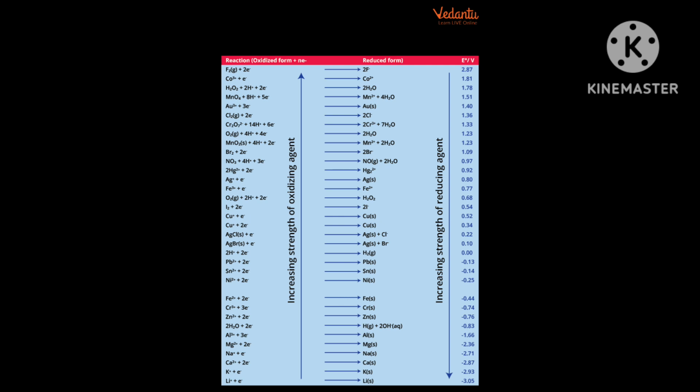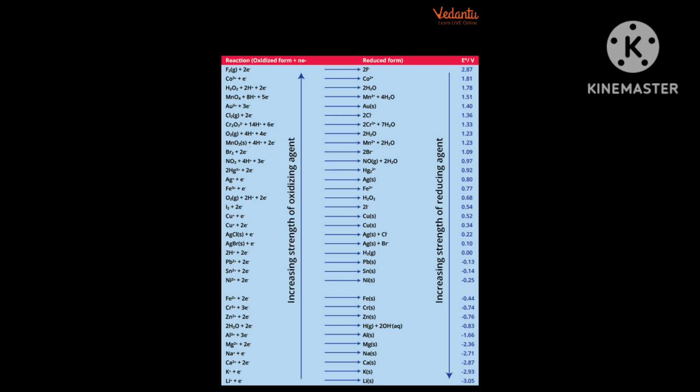Right hand electrode minus left hand electrode, both in reduction potential, that is called potential difference. Reduction potential of the right hand electrode minus reduction potential of the left hand electrode, that is called potential difference.